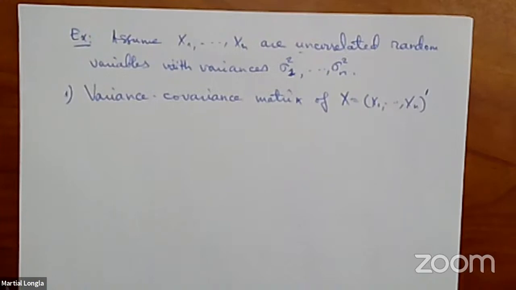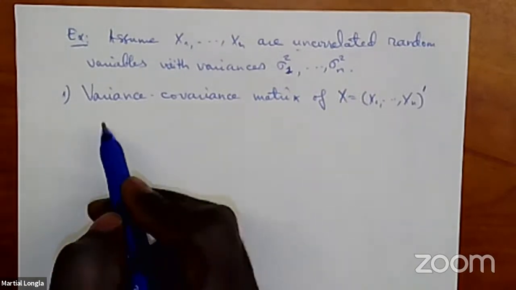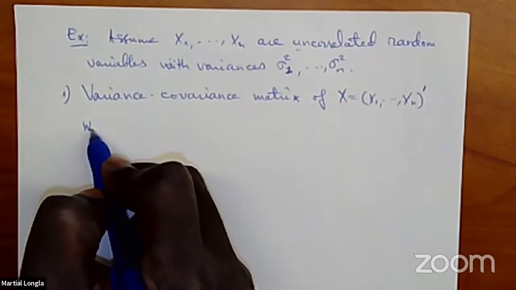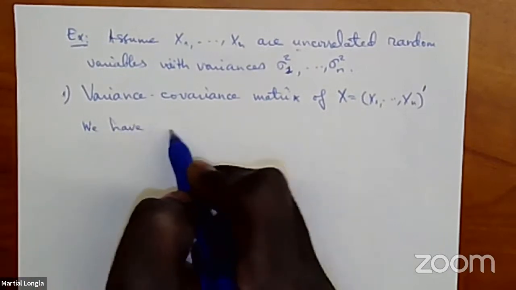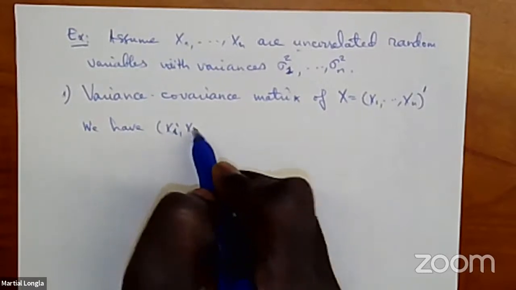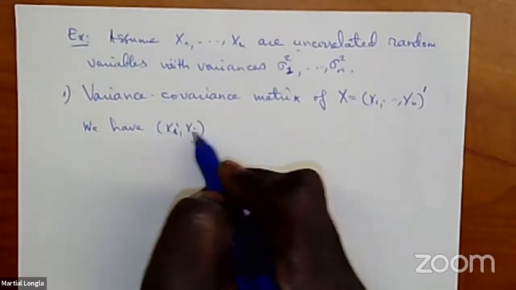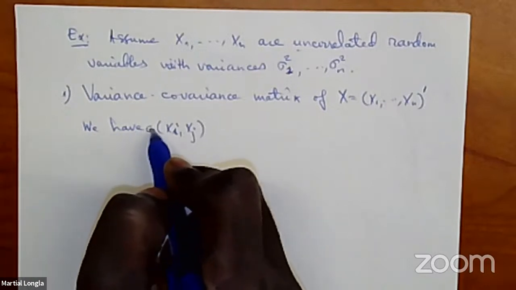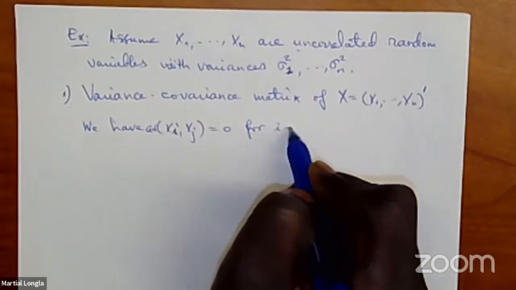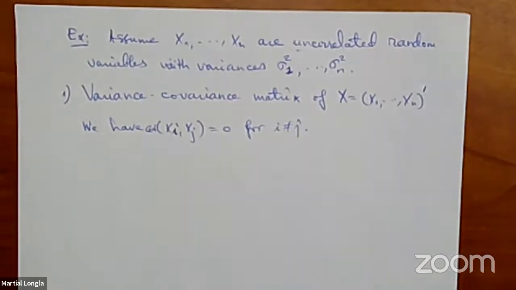The correlation of any two of them is 0. So we have x_i, x_j, and the covariance of that equals 0 for i not equal to j. So when i is not equal to j, the covariance is 0.